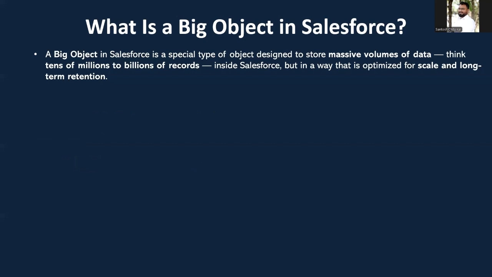You can create some list views. But when you start talking about historical, archival, compliance, telemetry, or event like data, the volume becomes so large that your regular data model starts breaking down.